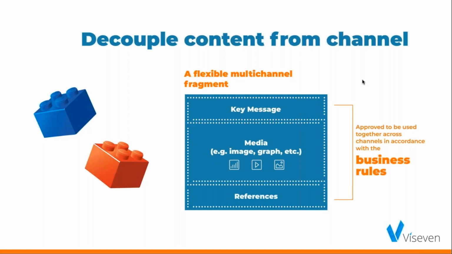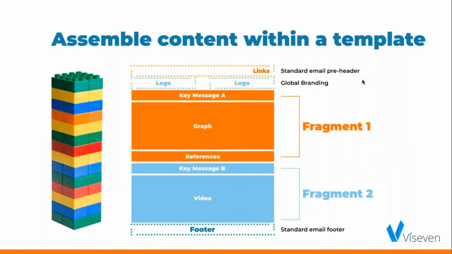And let's imagine that we want to reuse this fragment while we are creating some marketing materials, let's say an email. In the email, we have a template. So these are channel-specific templates where these content modules can be inserted.